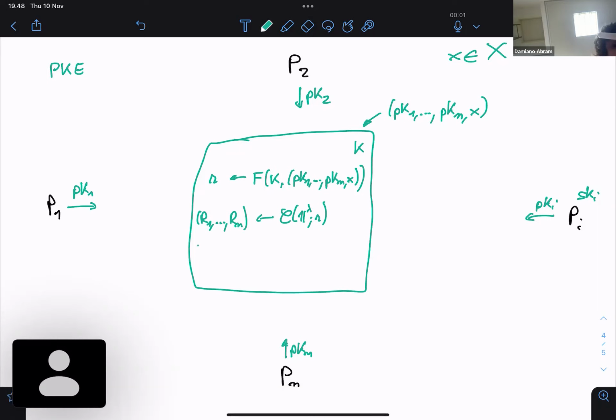And finally, for every i, we encrypt the ith one of these outputs under the ith public key that is given as input. So Ci will be the encryption under pki of Ri. And the outputs will be C1, ..., Cn.